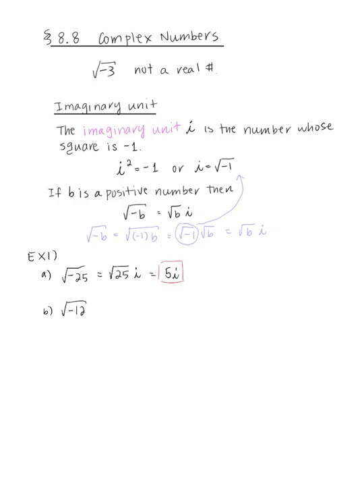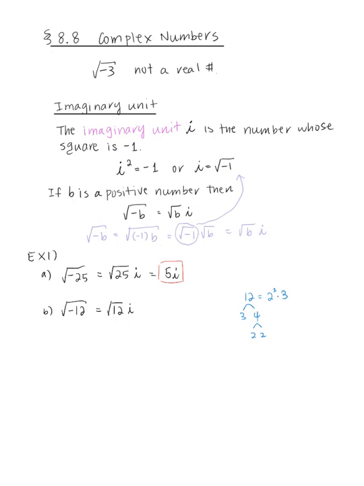Let's take a look at another one, the square root of negative 12. Let's first apply the property of the imaginary unit. So here you're going to have the square root of 12 times i. We're going to have to simplify all the way, so let's take a look. 12 is 3 times 4, and 4 is 2 times 2, so this is 2 squared times 3.